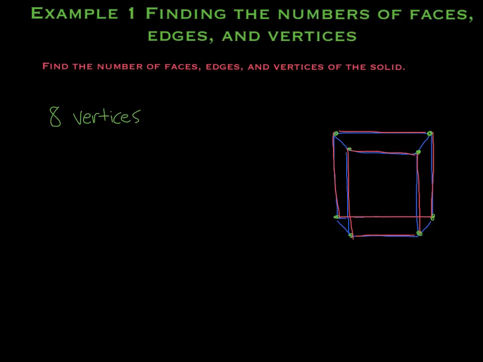And then I also have the ones that go across the top here, like this. So I have 9, 10, 11, 12. It is really good to use different colors in this because then you can see which ones you've put down. So we have 12 edges. And then you write that down.